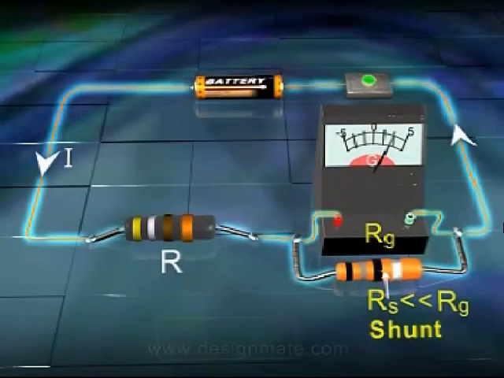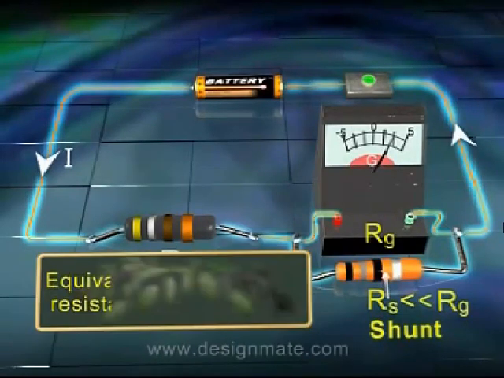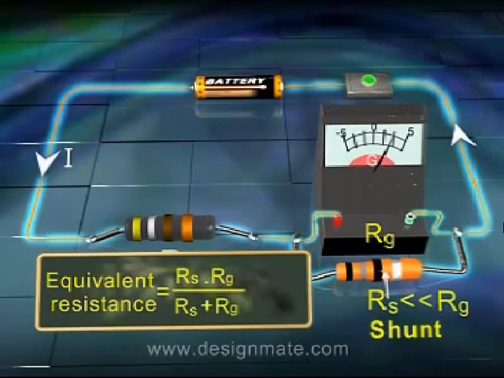Further, the shunt and the galvanometer being in parallel, the equivalent resistance of the combination is even lower than the resistance of the shunt. Thus, the above-mentioned difficulties are removed.